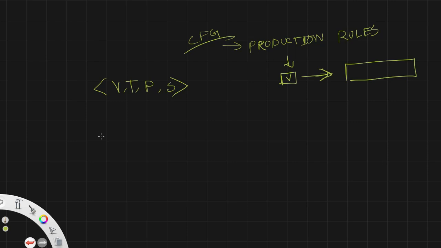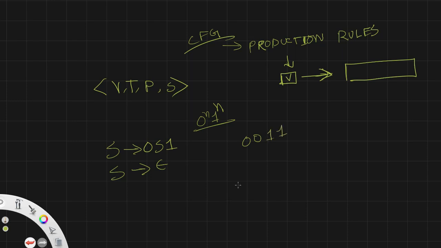We have learned how to derive a string from a grammar. For example, let's say the grammar is S to 0S1 and S to epsilon. This is basically 0^n 1^n. We have seen this example a lot of times already. So let's see how to generate a string of this language. Let's generate 0011.